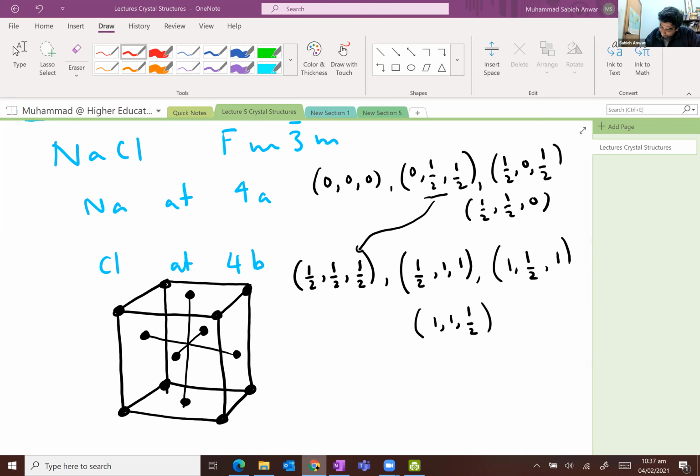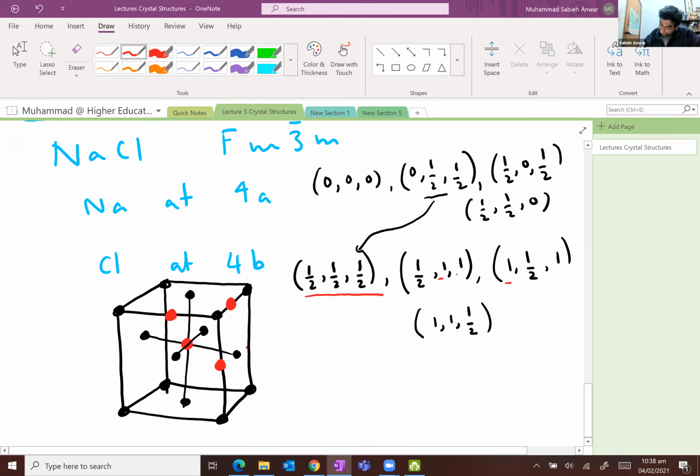A chlorine atom here. A chlorine atom at X is 1 half, Y is 1 and Z is 1, so here. A chlorine atom is at X is 1, Y is half, here. X is 1, Y is 1, and Z is 1 half. So there are 4 of them.